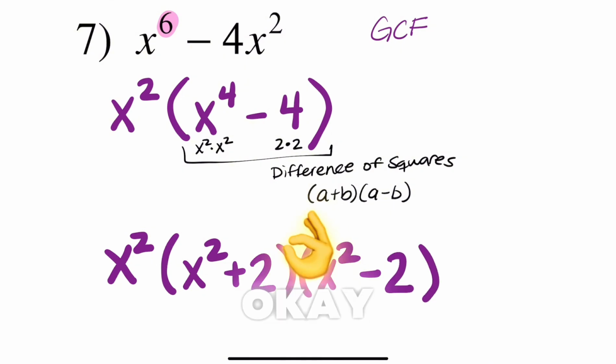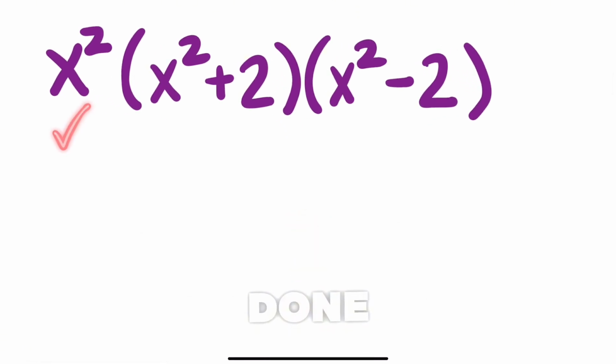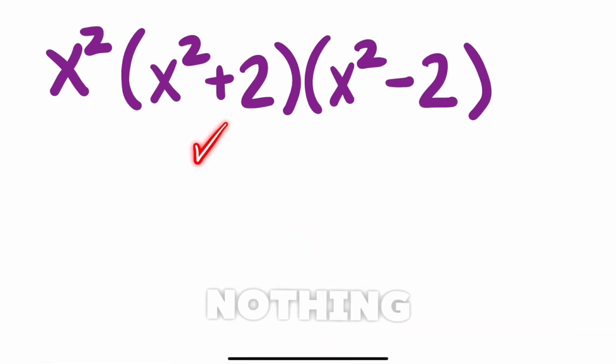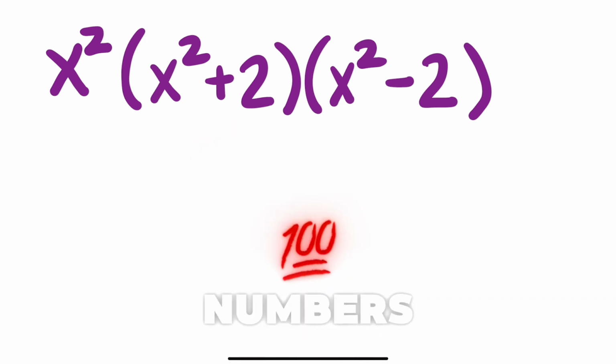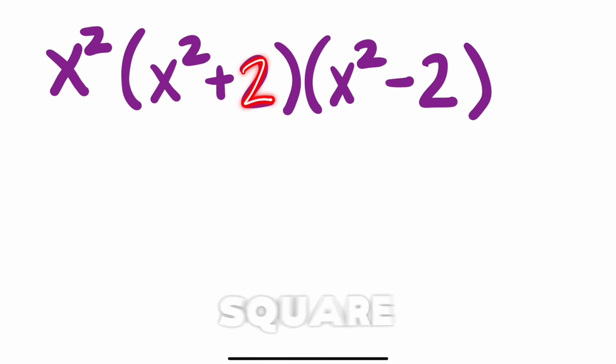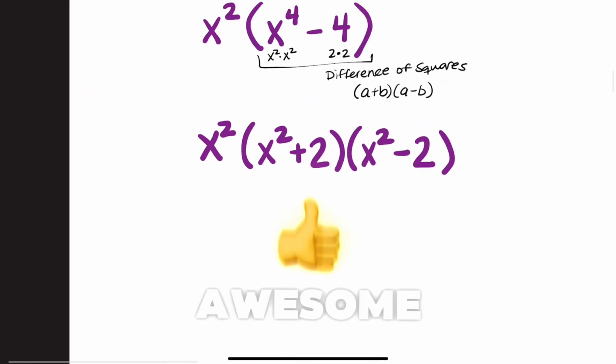Done. Okay? We're actually done this time. X squared plus 2, there's nothing you can do there. Even if it was a sum of squares, I mean, we could use complex numbers, but 2 is not a perfect square. This is not a difference of squares. 2 is not a perfect square. So, done, done, done. Awesome.